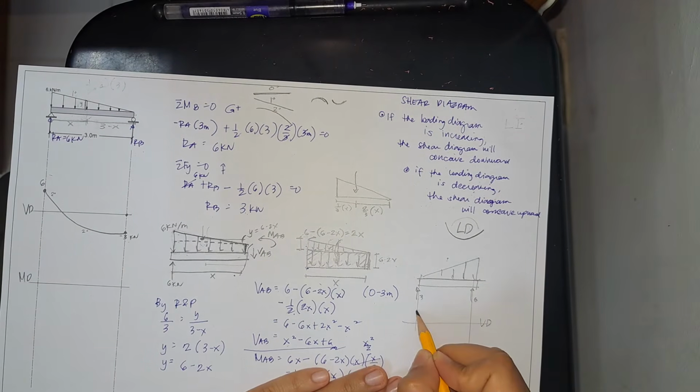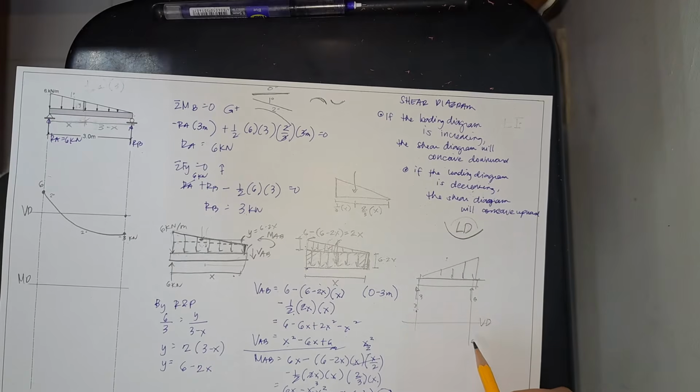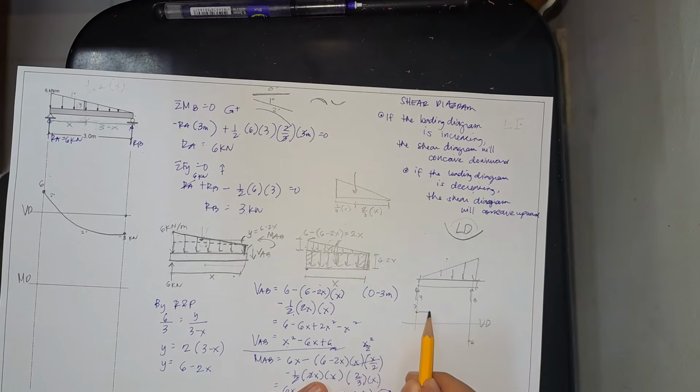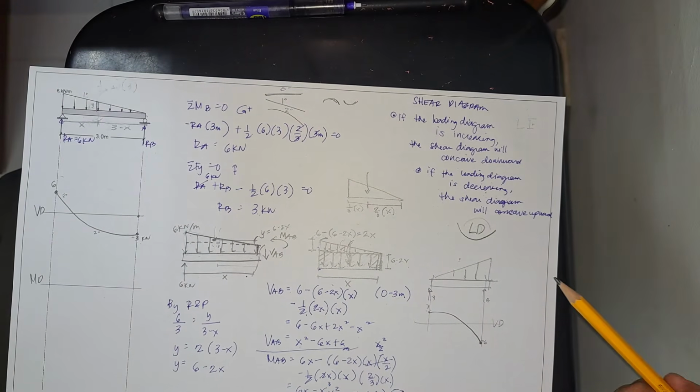Kaso nga lang, nandito yung 3 mo ngayon. Tapos, nandito naman yung 6. So, paano mo i-connect yung 2 dots ngayon? The load diagram is increasing. Therefore, it must concave downward. So, yan yung difference ng concave upward and concave downward.